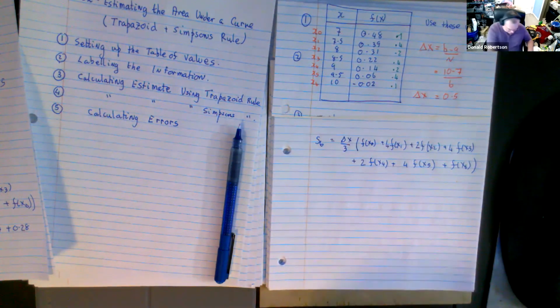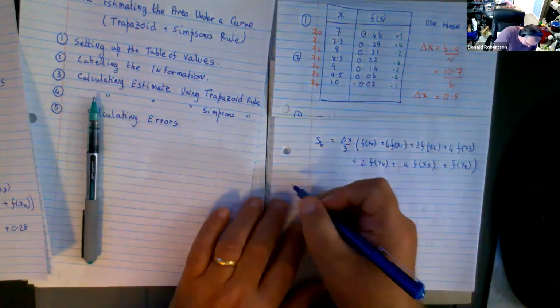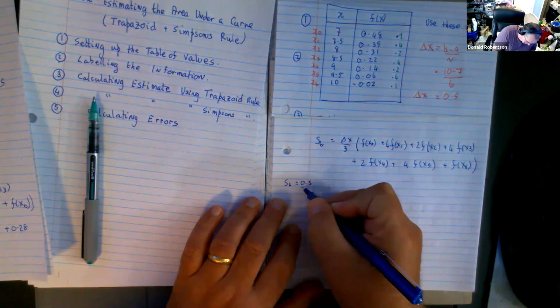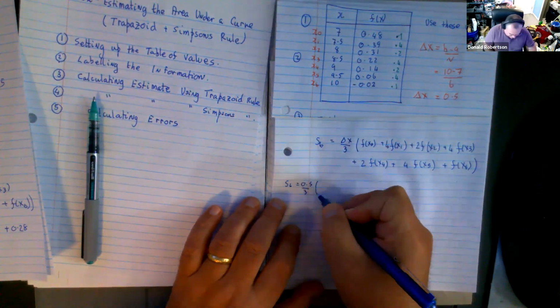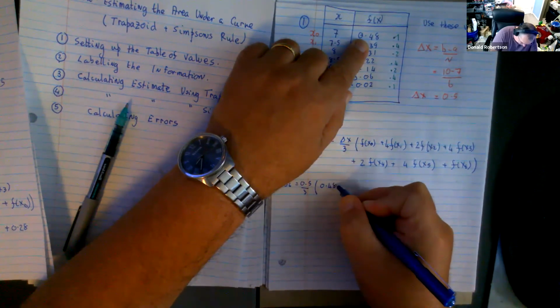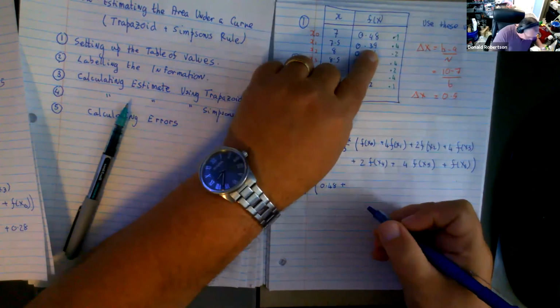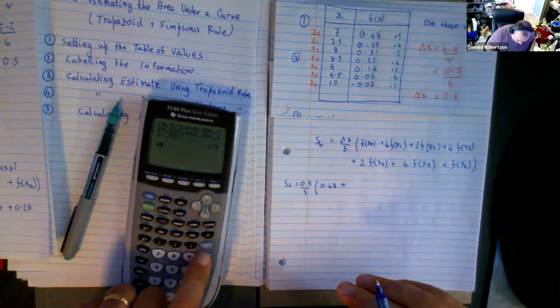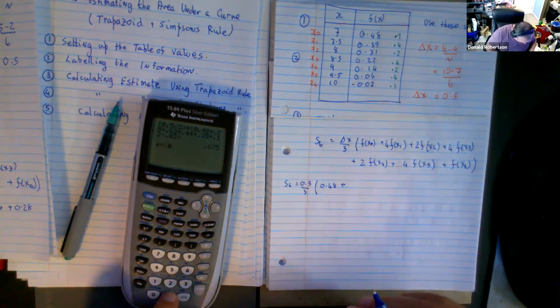Okay, so let's see what that looks like as a calculation. 0.5 divided by 3 brackets. 1 of these guys, 0.48. 4 of these guys, I'm not going to risk that. 4 times 0.39.